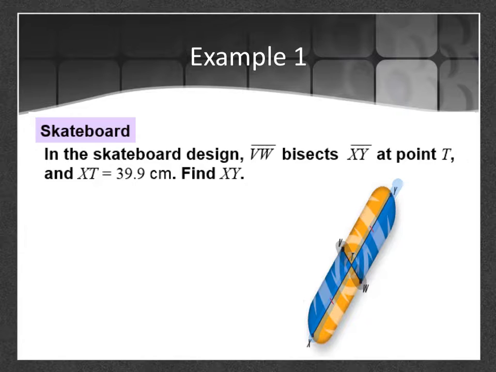If it wasn't already marked, you could mark it, but it's actually already marked on there for you. This is already telling you this is congruent to this. And XT is 39.9. How can I find XY? I could add another 39.9 or multiply times 2. Either one's going to get you the right answer, okay?